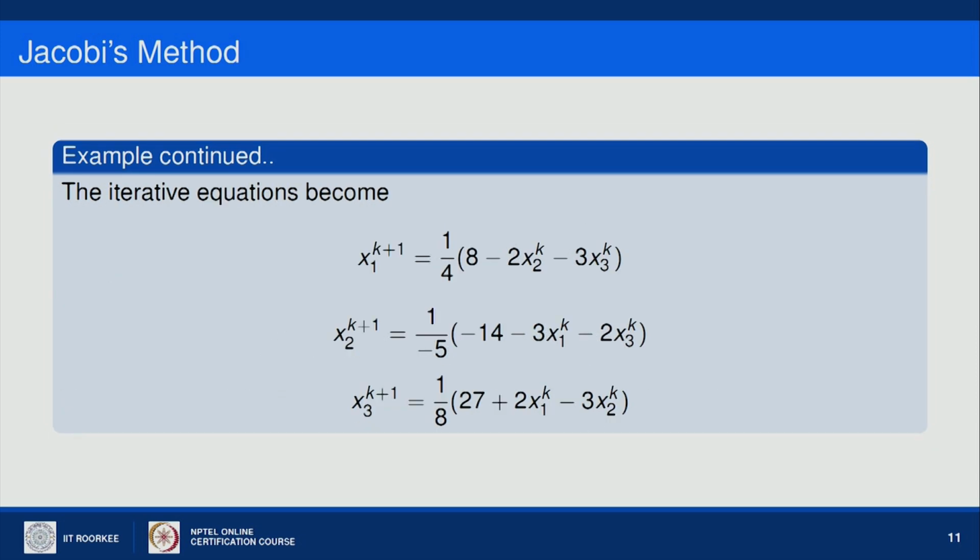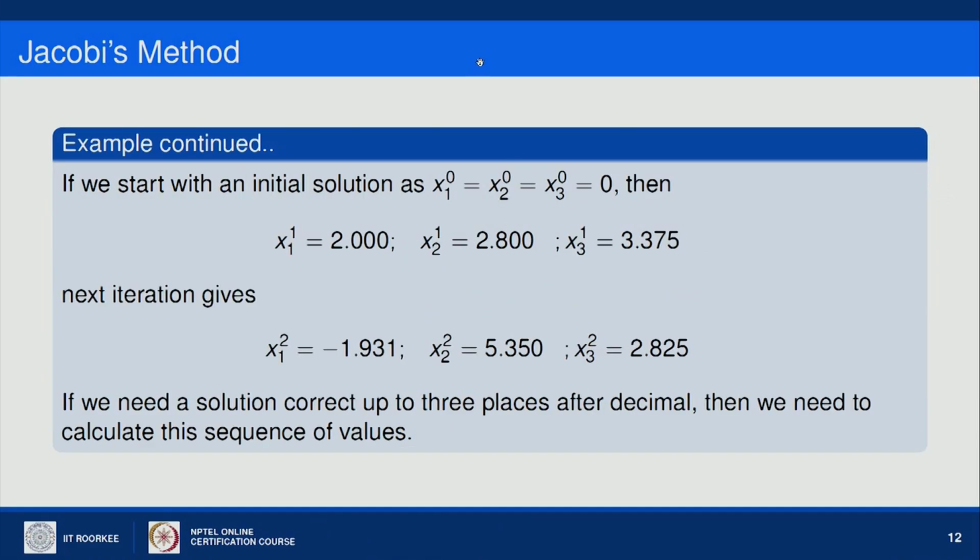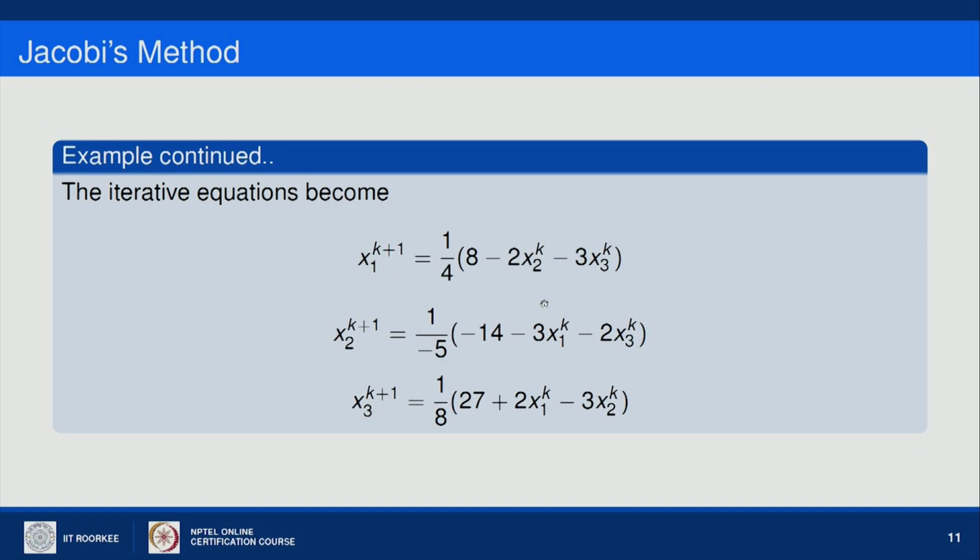Now, if I start with an initial solution, let us say x1^0 is 0, x2^0 is 0, x3^0 is 0, then in iteration 1 I will get the value of x1^1 as 2, that is coming from the first equation. Here I am putting x2^0 is 0, x3^0 is 0.